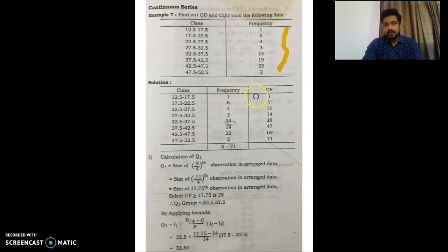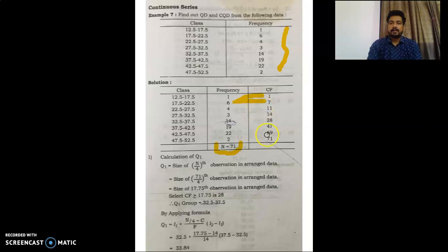Cumulative frequency: 1 plus 6 is 7, 7 plus 4 is 11, 11 plus 3 is 14, 14 plus 14 is 28, 28 plus 19 is 47, 47 plus 2 is 49, 49 plus 20 is 69, 69 plus 2 is 71. So the cumulative frequencies run up to 71, and the total of frequency is N equals 71.